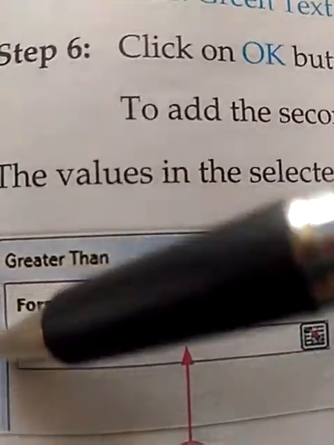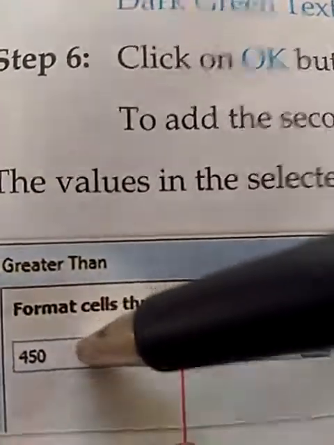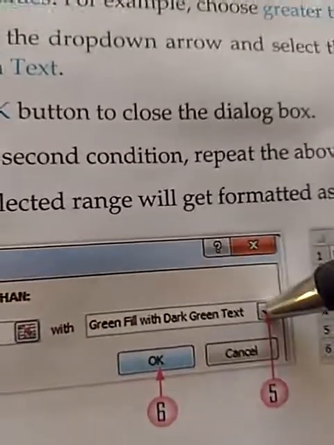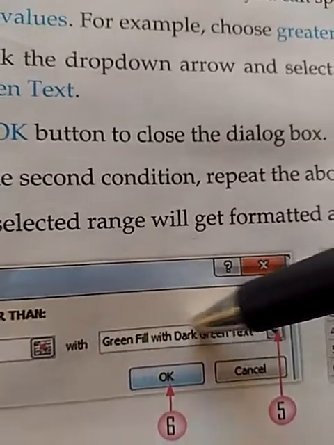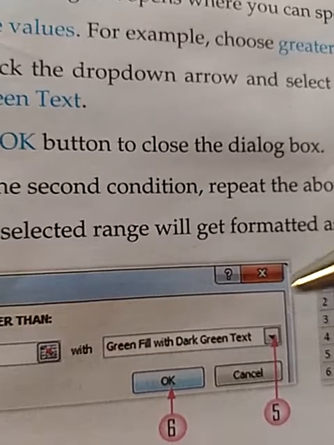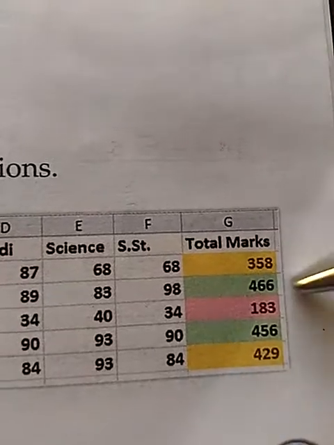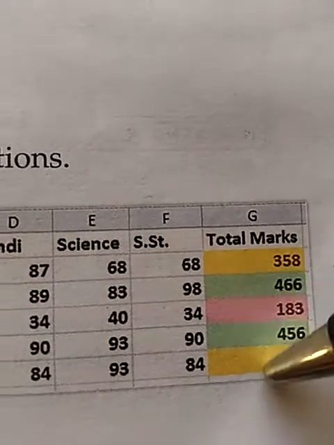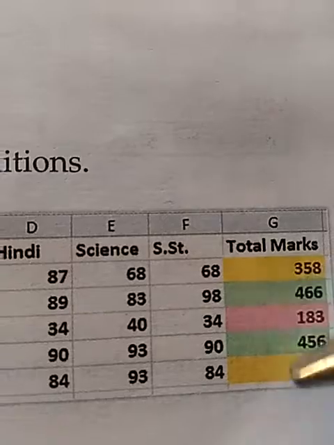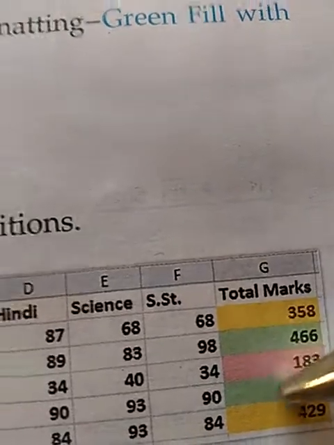It will ask you the value for which you want the greater value, that is 450. After that, the formatting of the cell, that is green fill with dark text. So when you click on this OK, then you will get this. So the values which qualify the condition are highlighted with green color, as we have defined the green fill over here, so you are getting the green color over here.